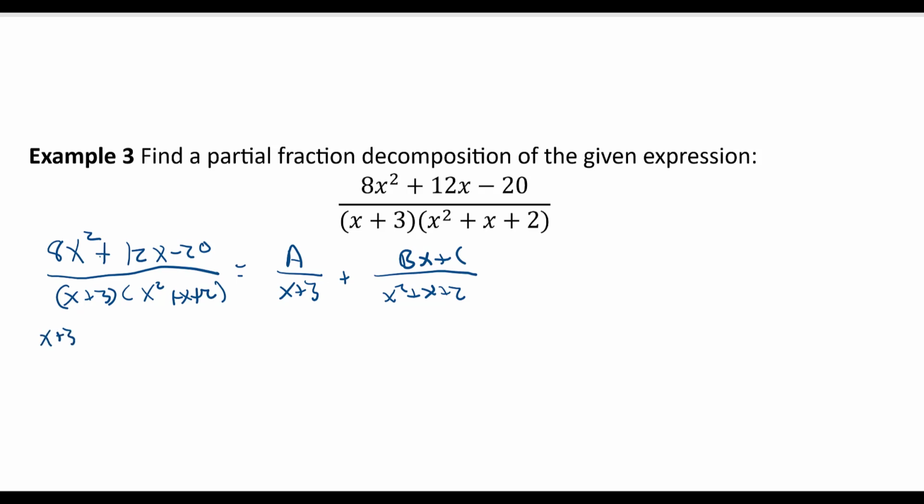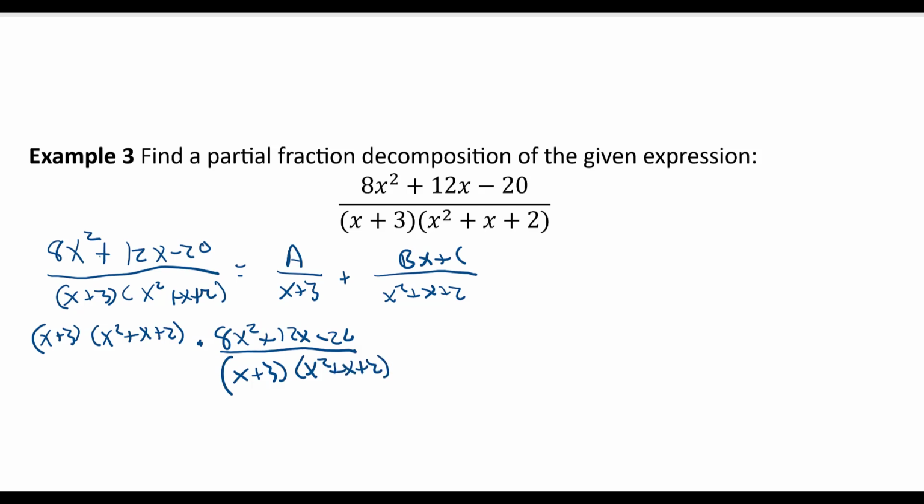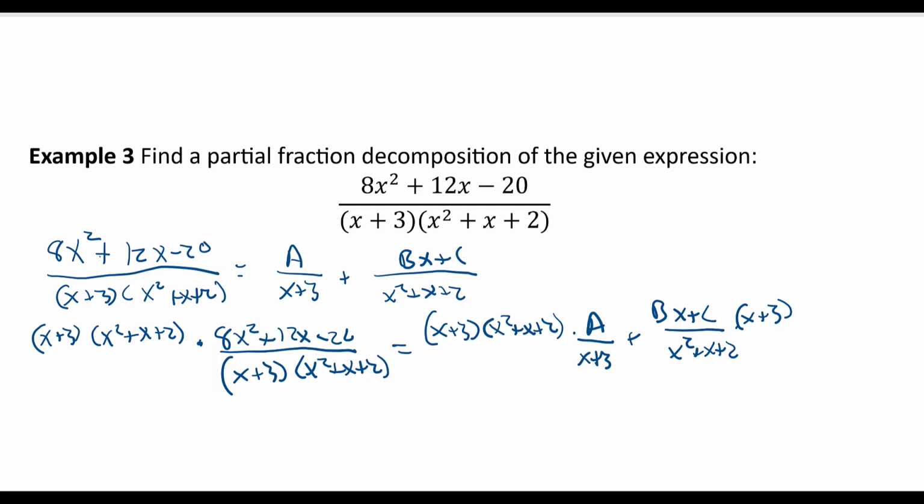We have x plus 3 times x squared plus x plus 2 times 8x squared plus 12x minus 20 over x plus 3 times x squared plus x plus 2 equals x plus 3 times x squared plus x plus 2 times A over x plus 3 plus Bx plus C over x squared plus x plus 2 times x plus 3 times x squared plus x plus 2.